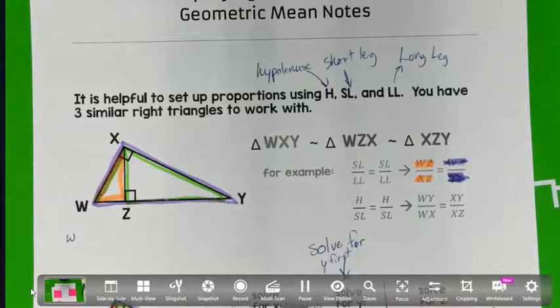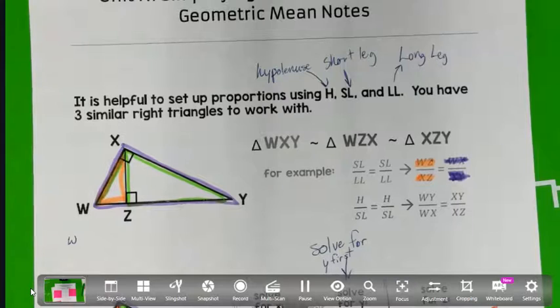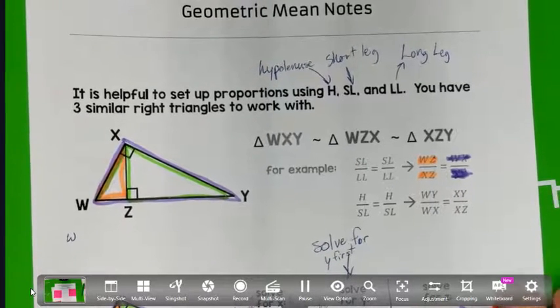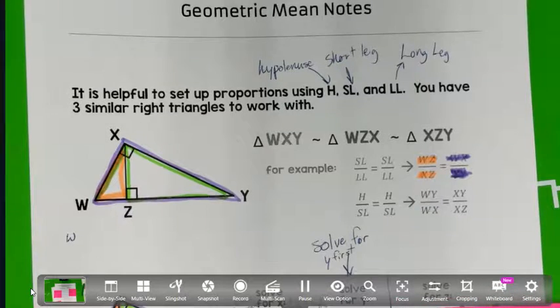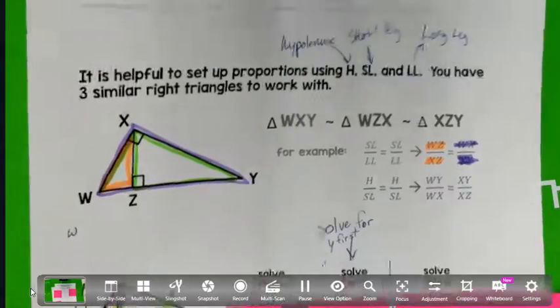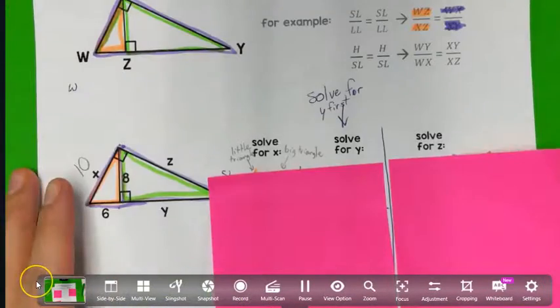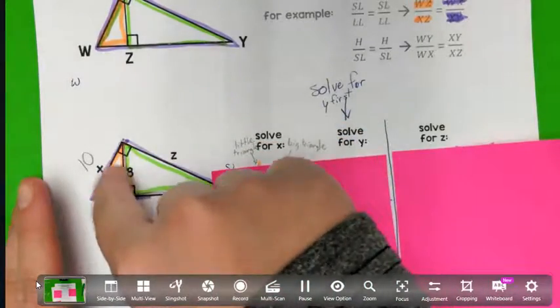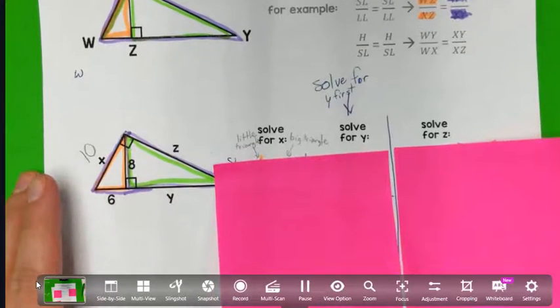So let's look at our, let me cover these up. You want to take your highlighter and highlight these two triangles and then the big triangle. So I'm going to be talking about them as orange, green, and purple.